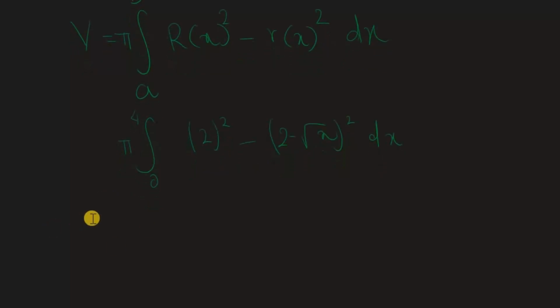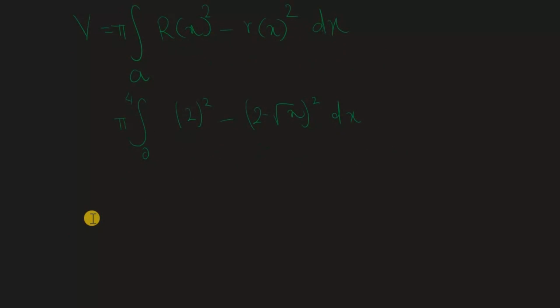And now we have set up the integral. Now the rest is so easy, right? This is pi times the integral from 0 to 4 of 4 minus (2 minus square root of x) squared dx.